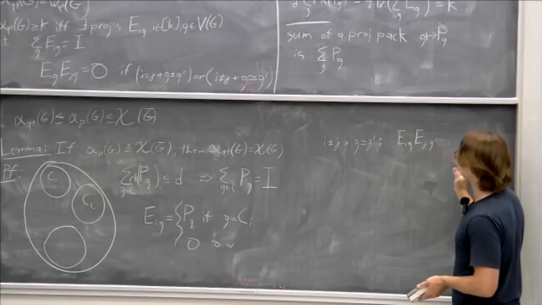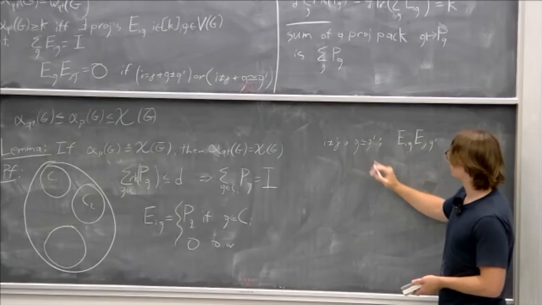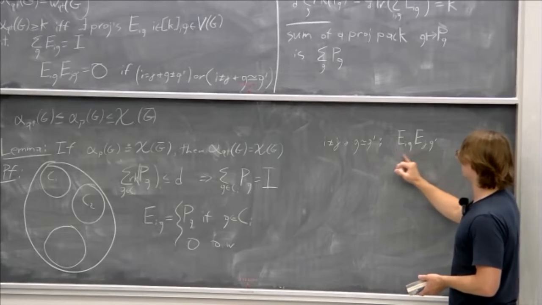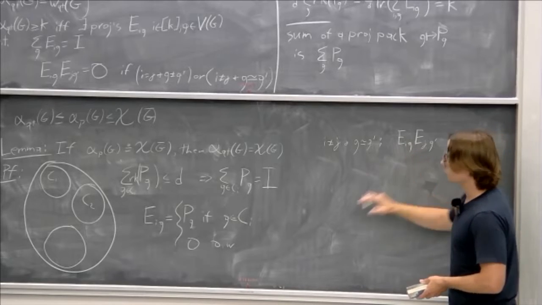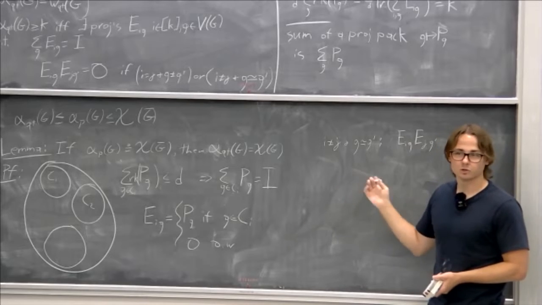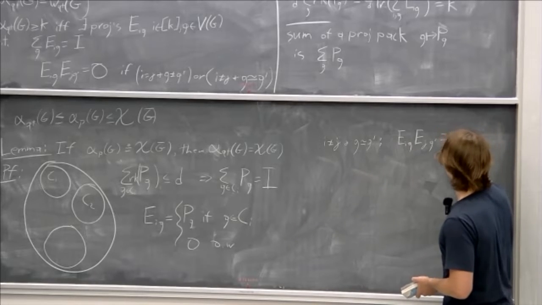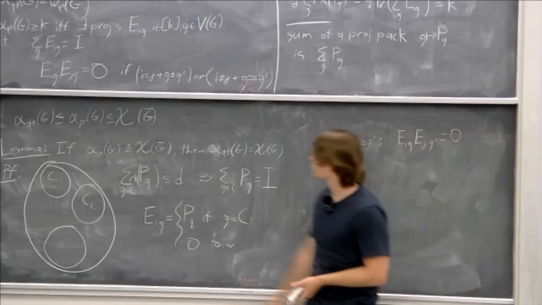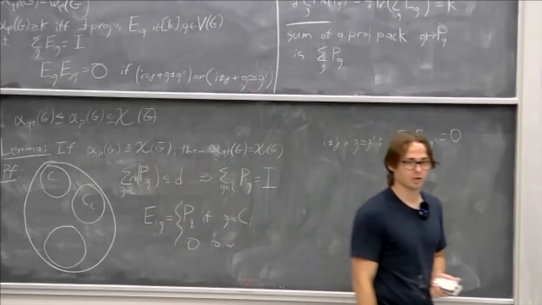So in that case, I get 0. On the other hand, if g and g prime were adjacent, then in the worst case, both of these are not 0, but the projections from a projective packing for adjacent vertices are orthogonal. So this is 0, which is what we wanted. So this really does give me a quantum independent set of value the chromatic number of the complement.